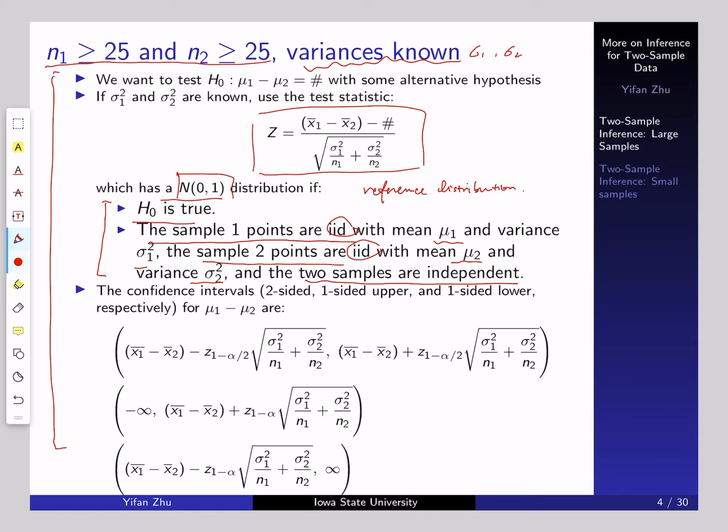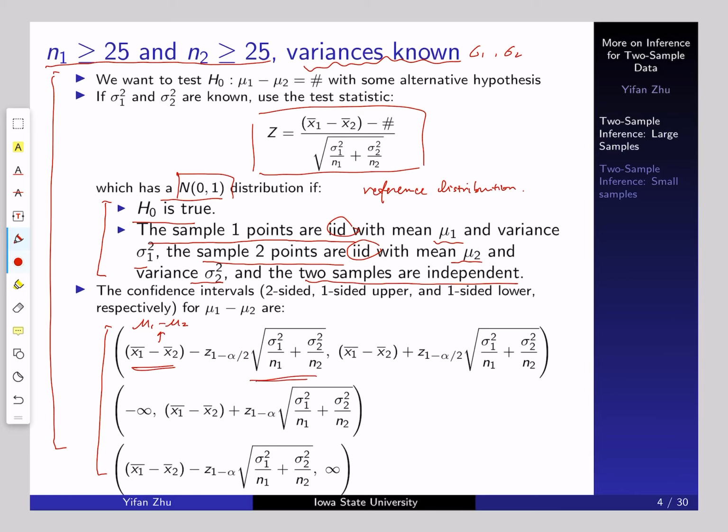And the confidence intervals are this. So this is x1 bar minus x2 bar, which is the estimate of mu1 minus mu2.